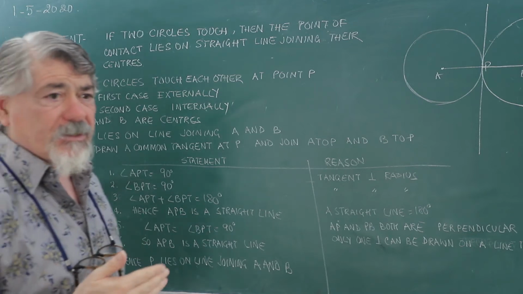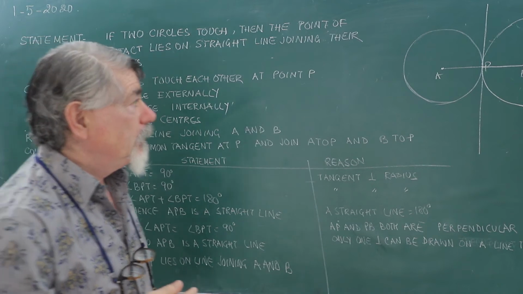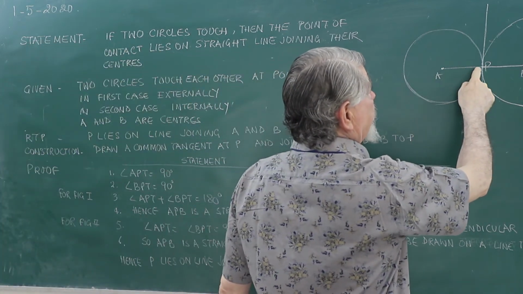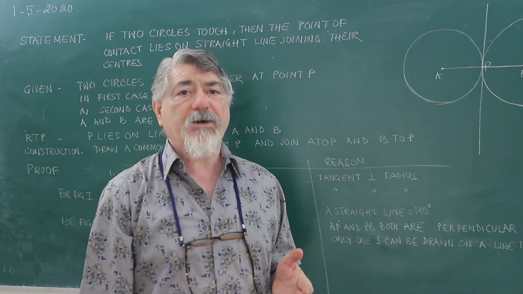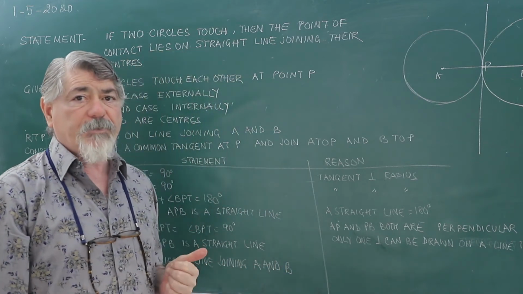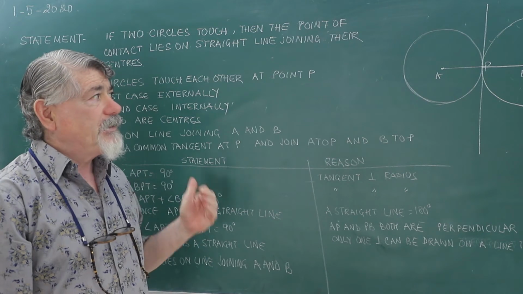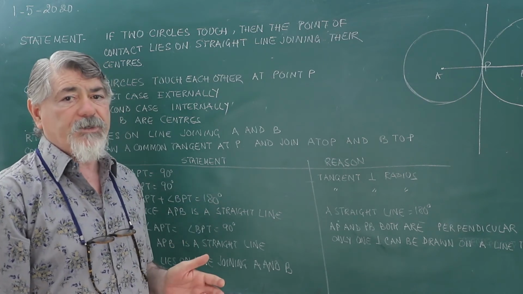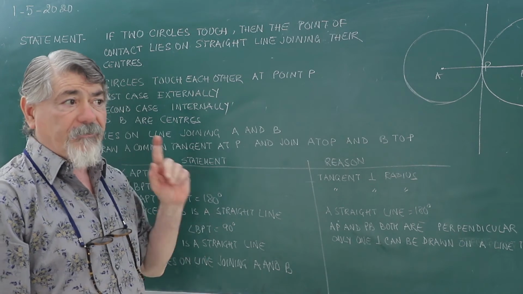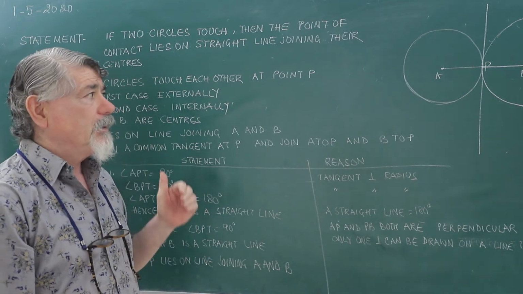In the first case, just look at the first figure. Angle APT will be how much? 90 degrees. Why? This is the property of a tangent. What is the property of a tangent? The tangent and radius are always perpendicular to each other at the point of contact. That is the first thing which we had learned in the circle.